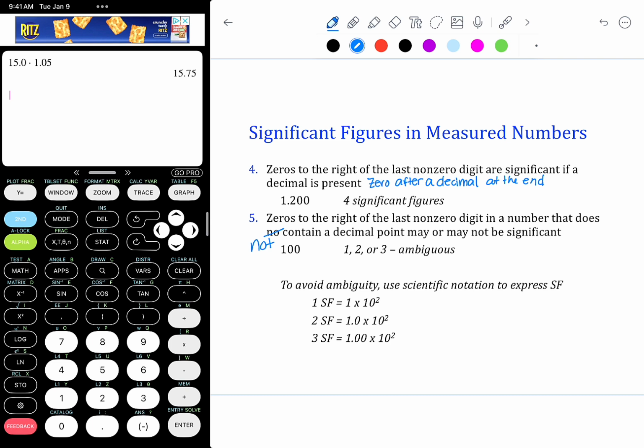If we look at the number 100, we don't have a decimal place, so we can't follow any of our other rules. These zeros then become unclear as to whether they are significant or not. So this number could have 1, 2, or 3 significant digits. So what we want to do is try to avoid being ambiguous.